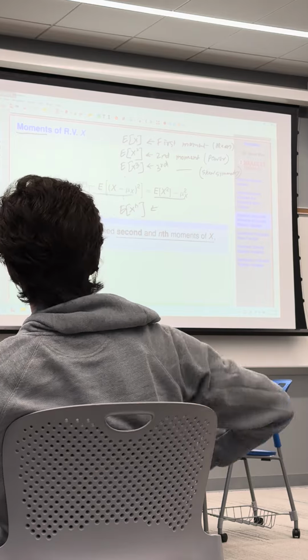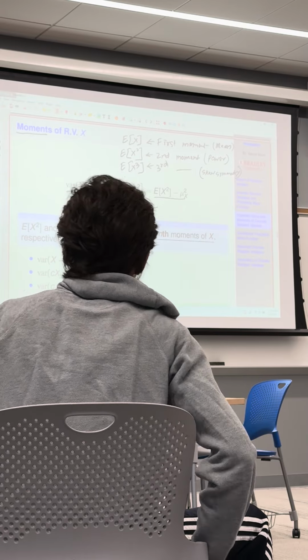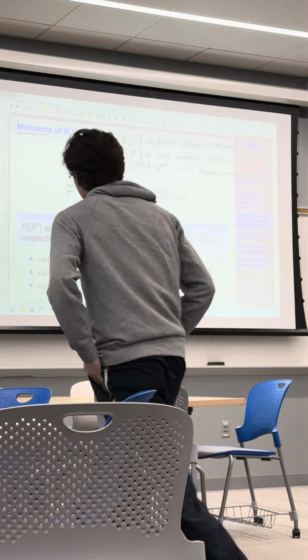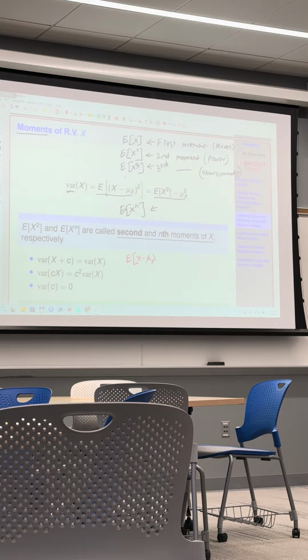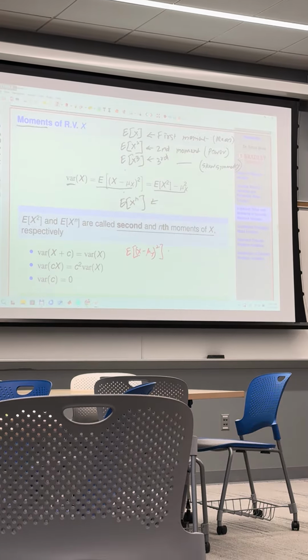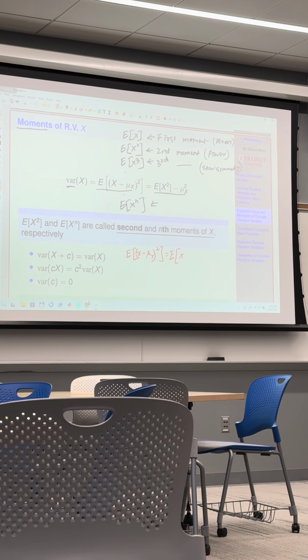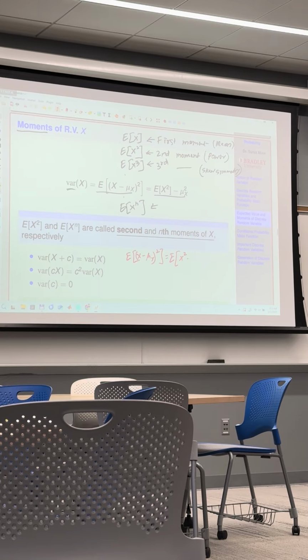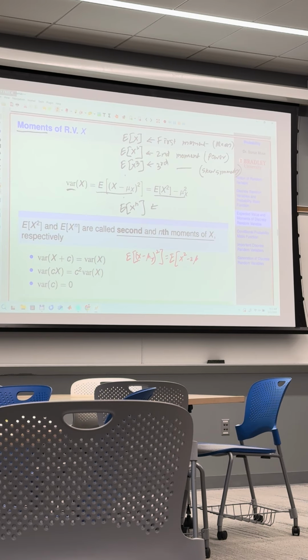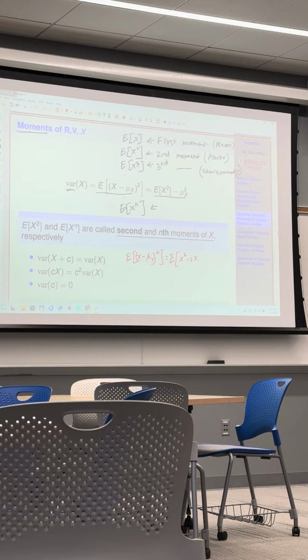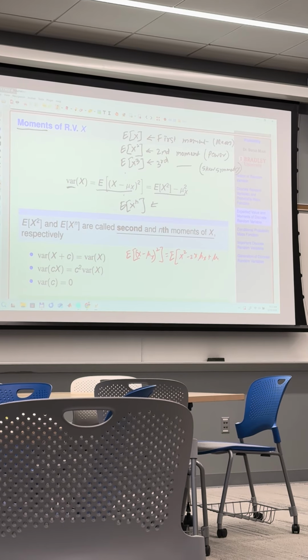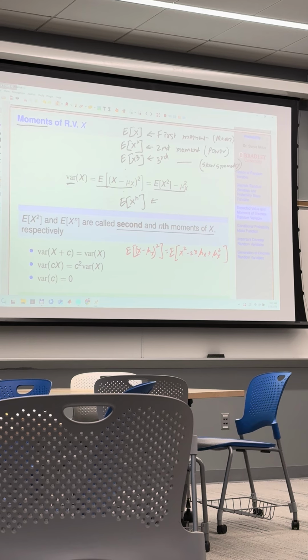You apply the expectation operator on x minus mu sub x squared, which is the expectation of x squared minus 2x mu sub x plus mu sub x squared.